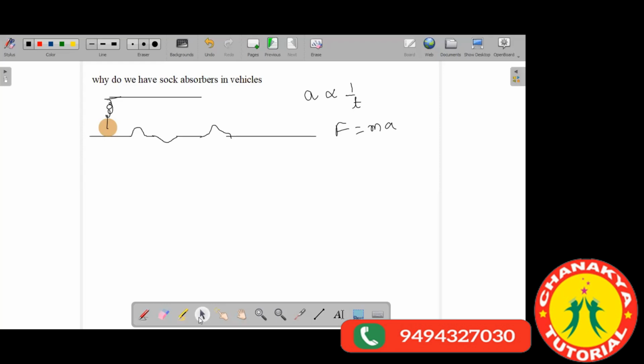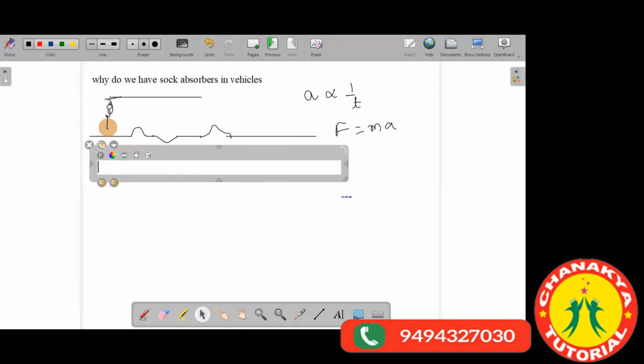I'm just putting Sampath's answer over here, and you can go through it. He has put the answer in good words. So this is how I want the answers in your exam papers also.